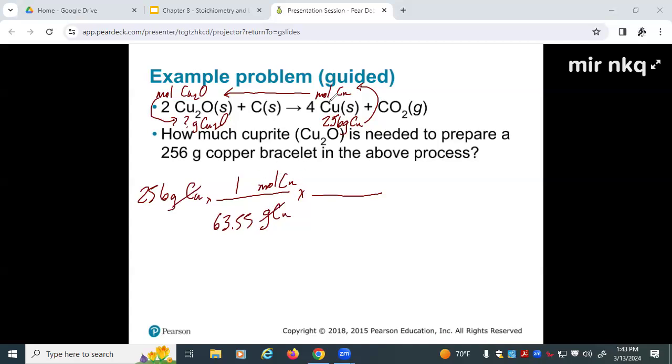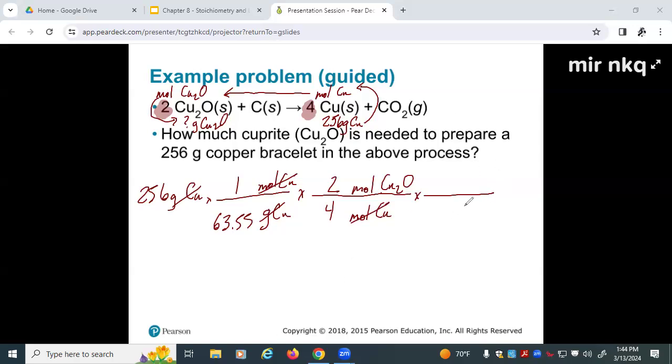I've got moles now. So I've climbed the first hurdle. I want to turn moles of copper into moles of cuprite. For that, I want to use the balanced chemical equation. I can see that the ratio there is 4:2. 4 coppers for 2 cuprites. My moles of copper cancel. I can move on to the next step.